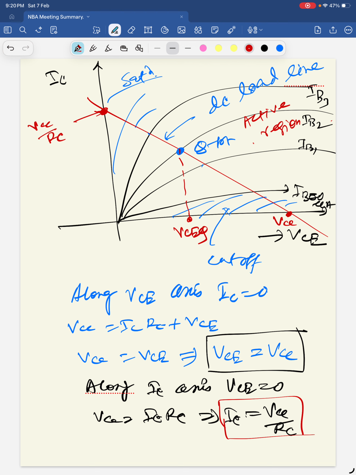This IB2 is equal to IBQ, and this corresponding collector current is ICQ. So IBQ, ICQ, VCEQ, that represents the operating point. Now I can erase this part.